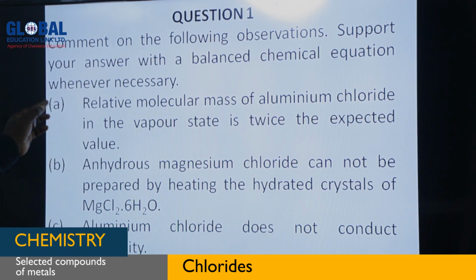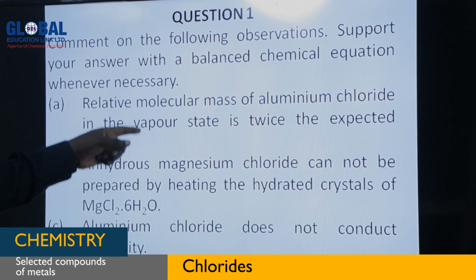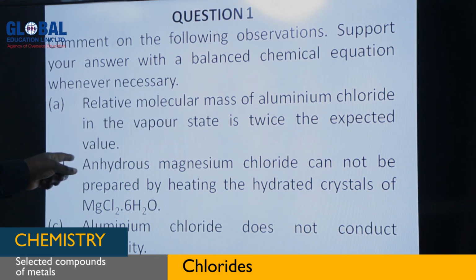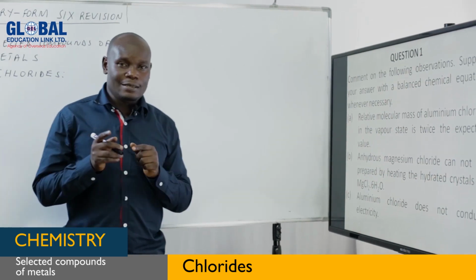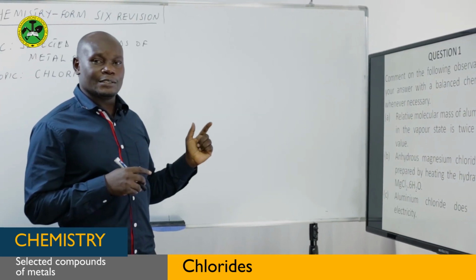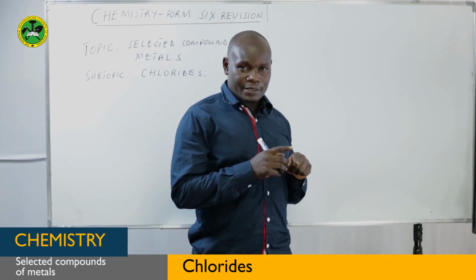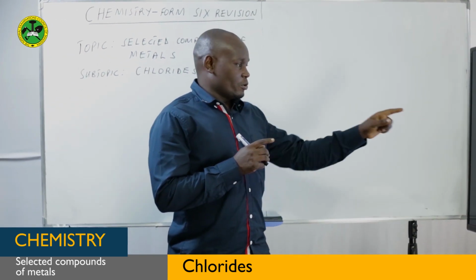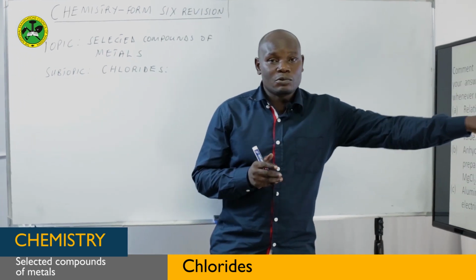The first one is that the relative molecular mass of aluminum chloride in the vapor state is twice the expected value. Do you remember discussing the peculiar characteristics of aluminum chloride and iron chloride? We talked about this one. So here it is about aluminum chloride.